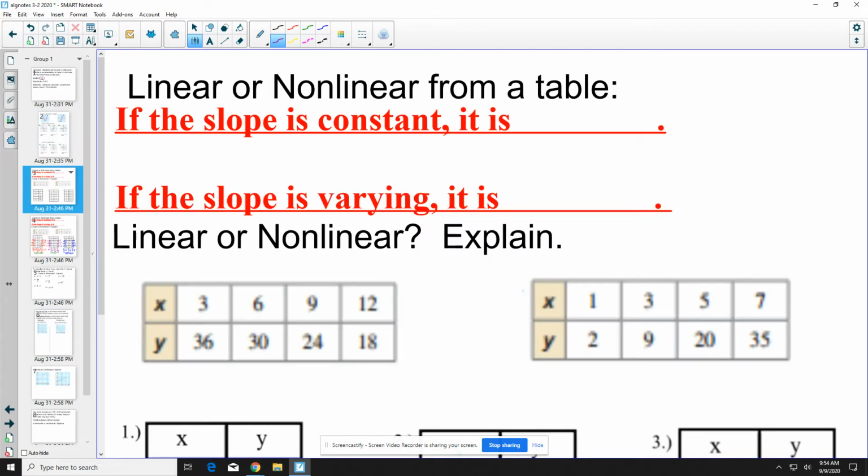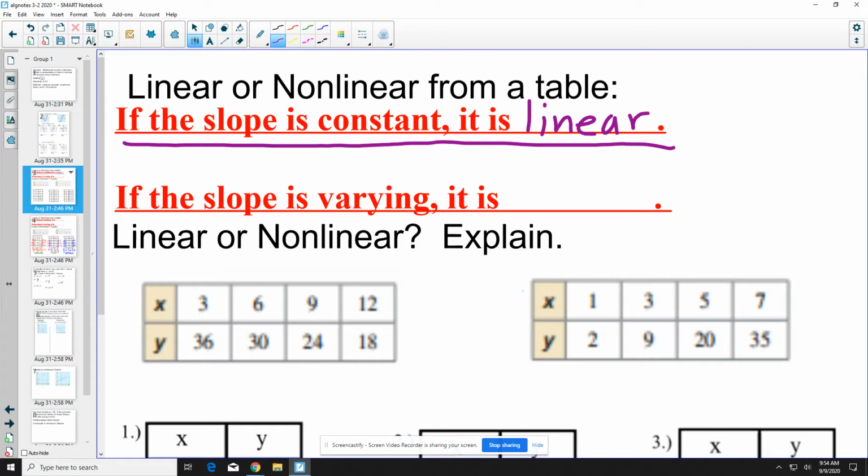Okay, in your notes, I need you to write this down. These two sentences. If the slope is constant, it is... okay, so constant means the same. So we're trying to fill in the blank here. If the slope is constant, if the slope is the same, it is linear. Make sure you have this sentence in your notes.